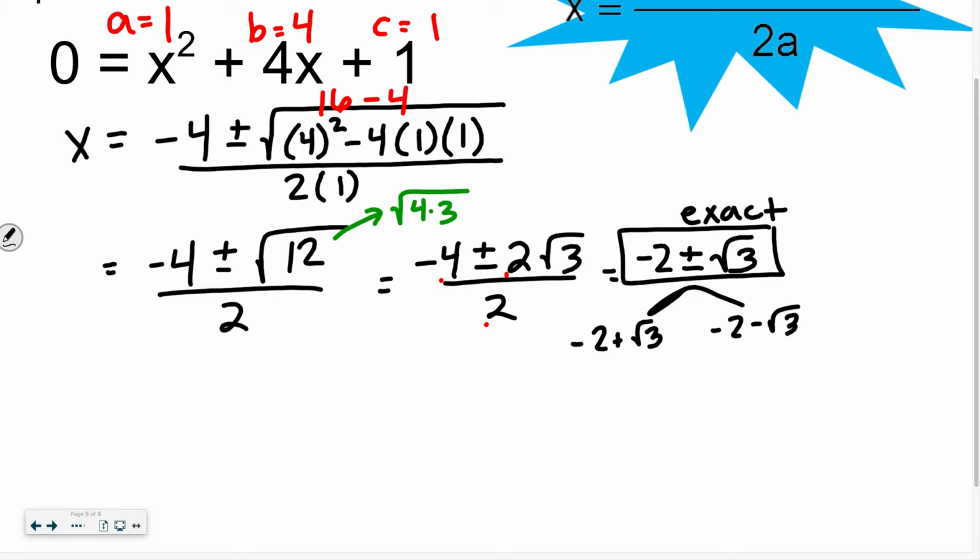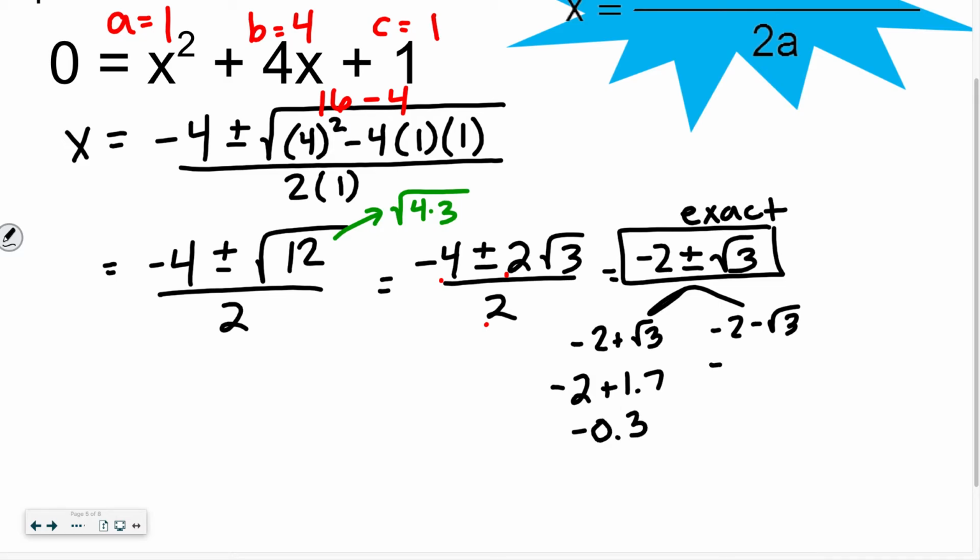unless you're answering a question about like what time something hits the ground. Then of course we probably want the answer that is a decimal. If you say negative 2 plus the square root of 3, we're not really sure how long that is. I do know the square root of 3 is approximately 1.7. So negative 2 plus 1.7 would be negative 0.3.